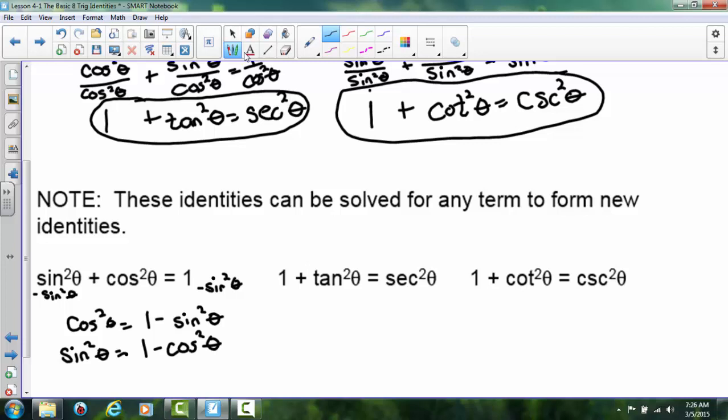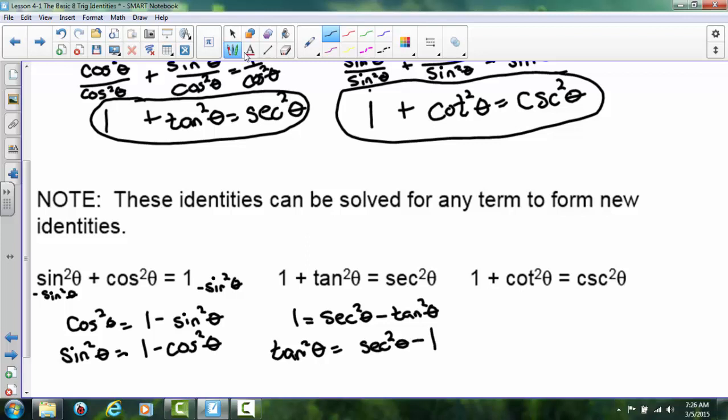Okay. So those are other identities that we can use. Then 1 plus tangent squared theta, if we were to solve it for the 1, we would subtract the tangent squared theta. So 1 would be equal to secant squared theta minus tangent squared theta. We could also solve for tangent squared theta, where we would be subtracting the 1, and we would get tan squared theta equals secant squared theta minus 1.